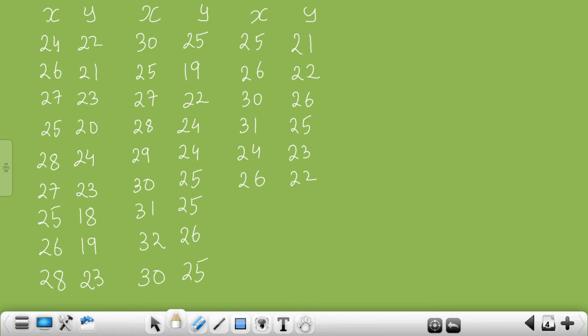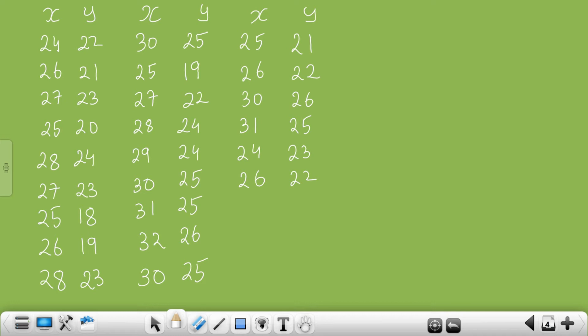Right, so we can set up data in the form of 24 to 26, keeping the distance of 2, 24 to 26, 26 to 28, 28 to 30, 30 to 32. And similarly for the values of y, the lowest value is 18 and the highest value is 26.